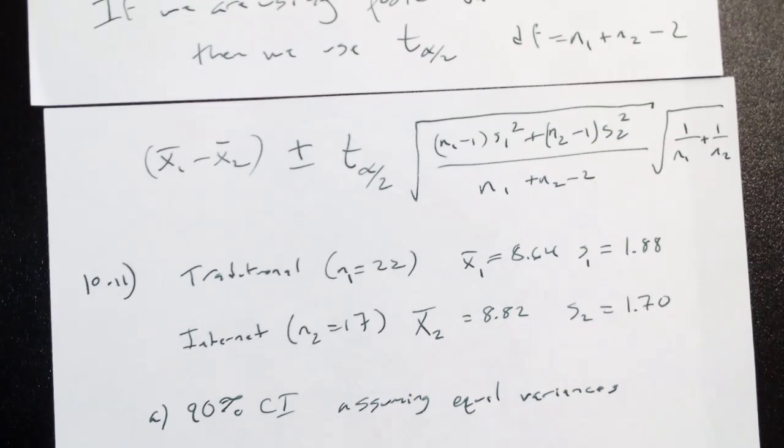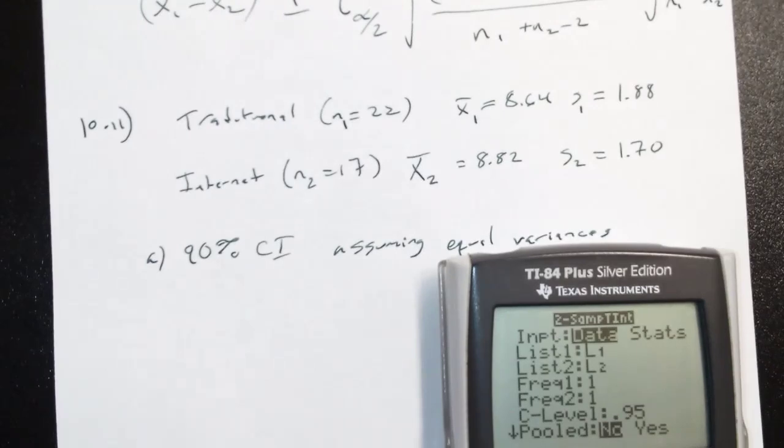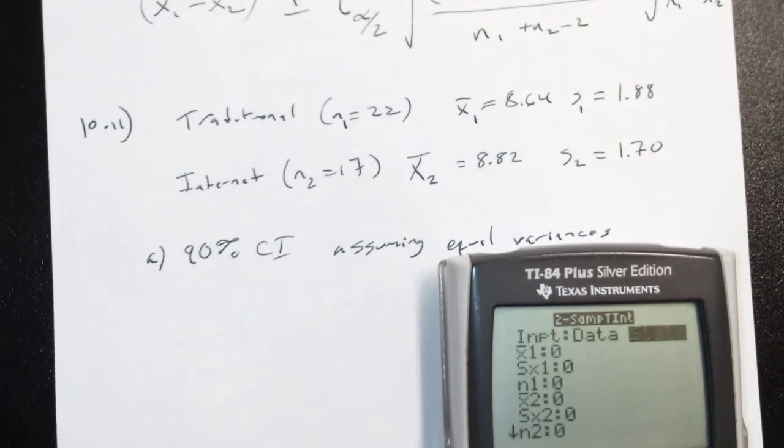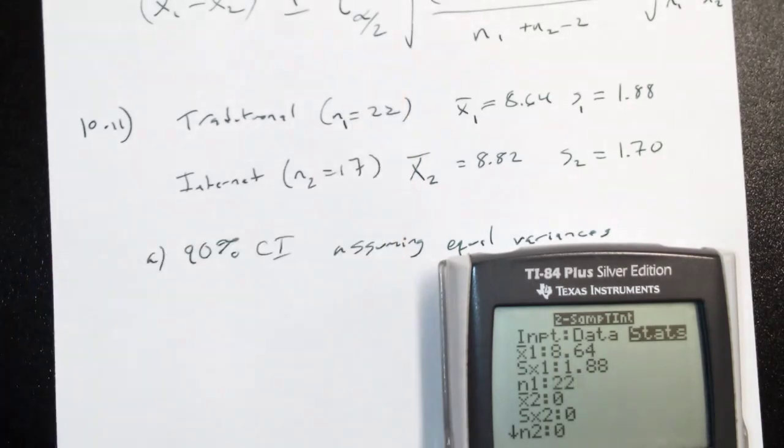I have never done this on my calculator before, people. We're going to do it right now here for the very first time. 2 sample T interval. I'm going to input the summary statistics. Hey, it asked me for the standard deviation and mean for the first group, 8.64. Standard deviation was 1.88. And there were 22 people in that group.